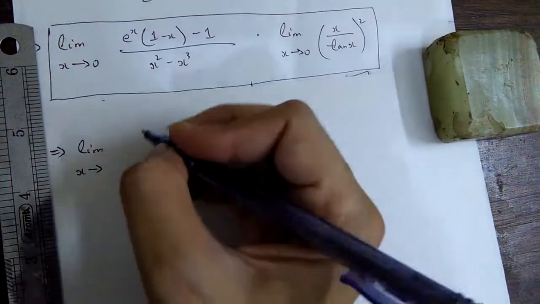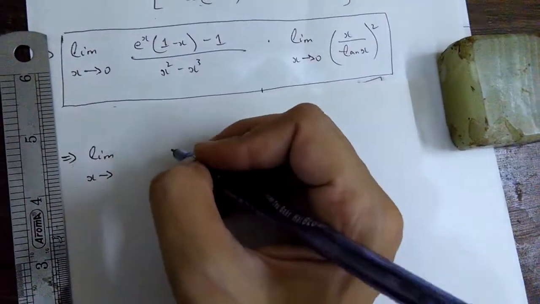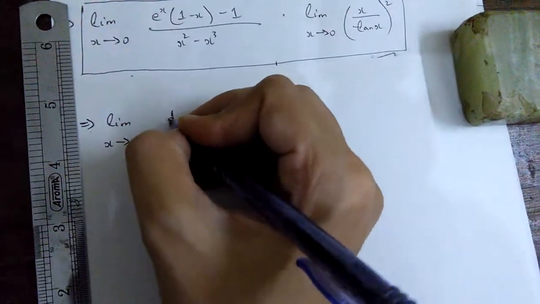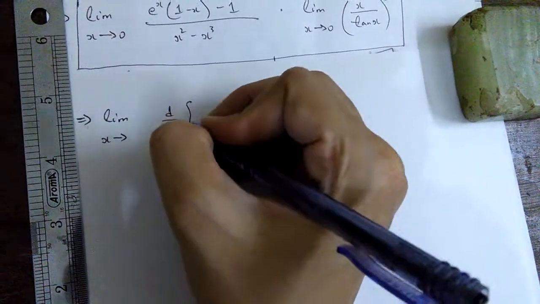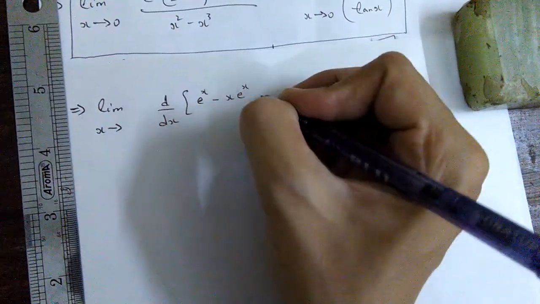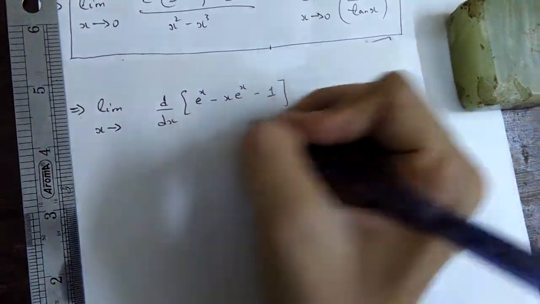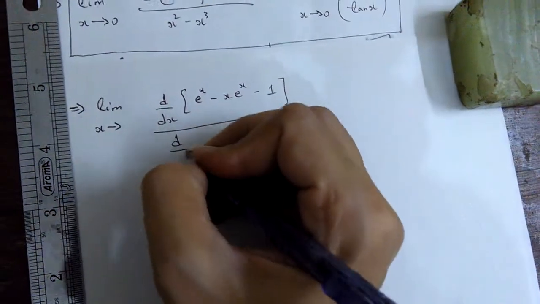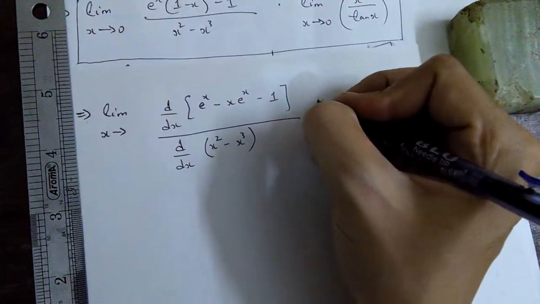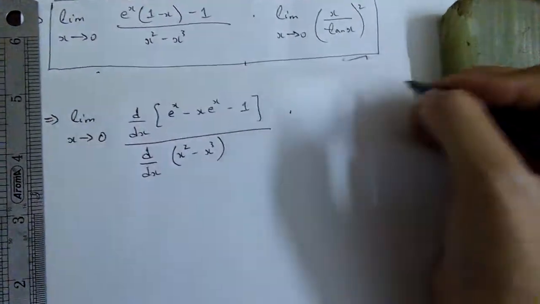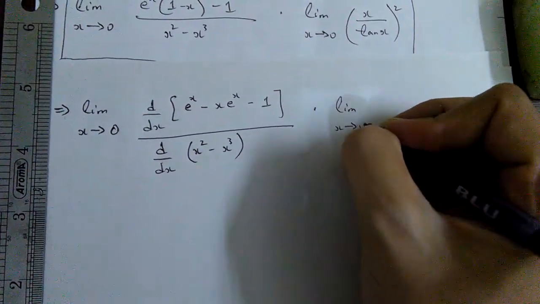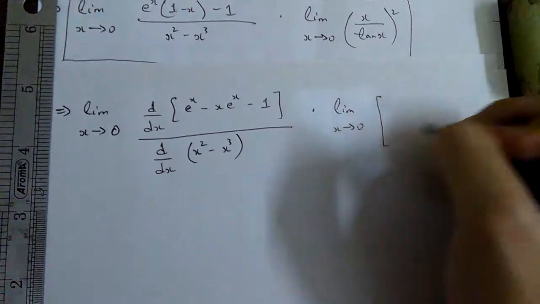So I'm going to differentiate my function: x minus x into e power x minus 1, and I'm differentiating my denominator, and I am differentiating inside this whole square.